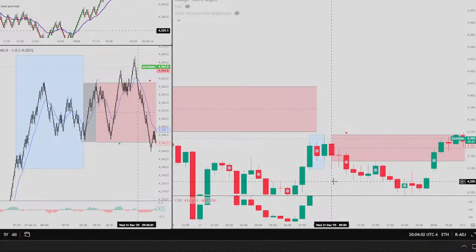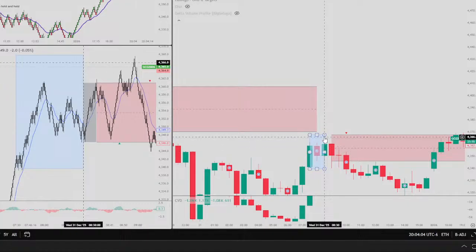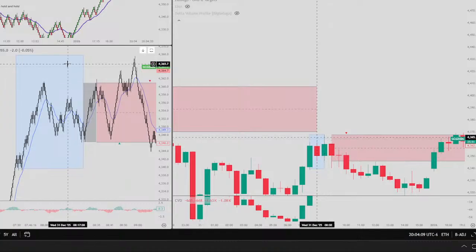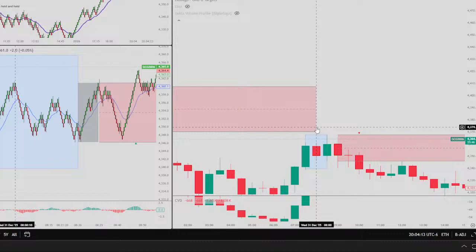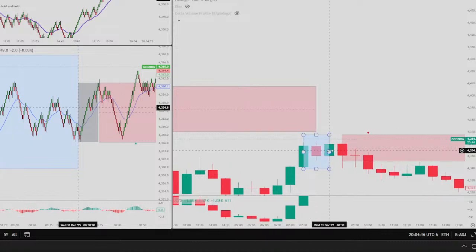Okay. Let's talk about this because for some reason we came all the way up here, but this wick we did not hear, and I'm very curious as to why. Okay. Let's go back down.